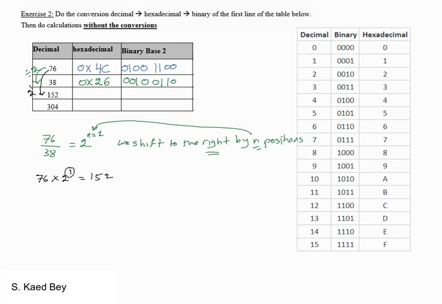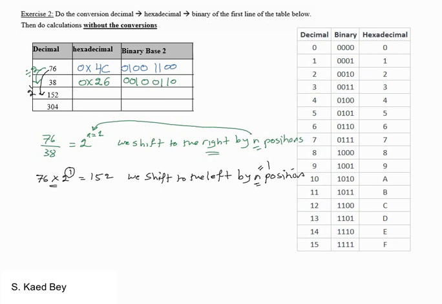Because this 1 is the n position, and because we are using multiplication, we shift to the left by 1. So n here is 1.